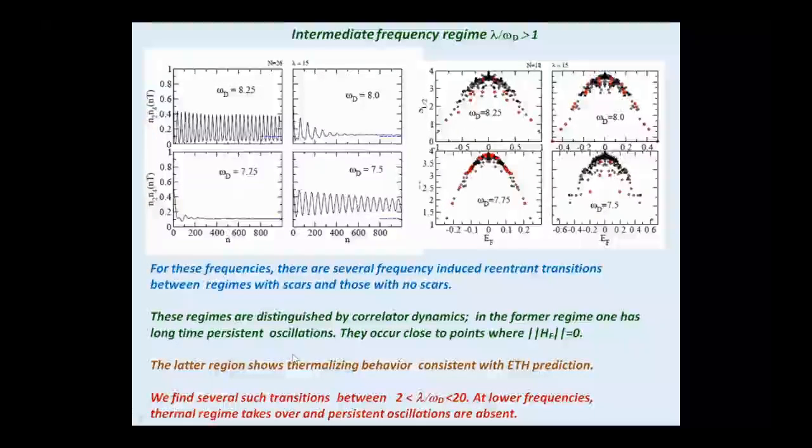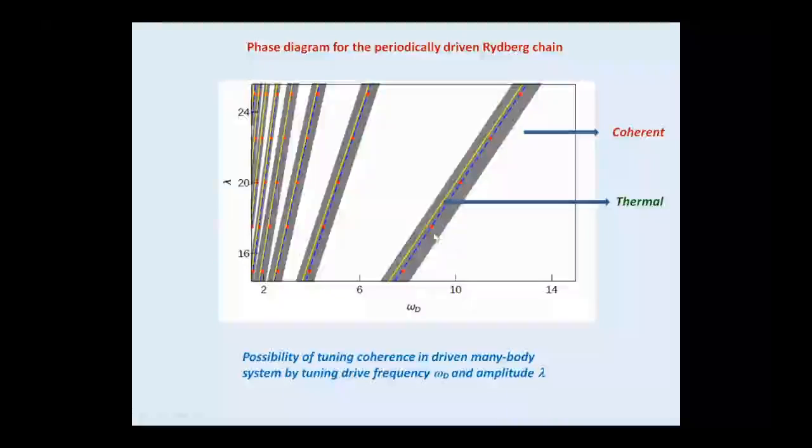Now, it turns out that this vanishing is the main point which allows you to go from long-term oscillation to thermal behavior. And this happens not only at gamma equal to pi, it happens at gamma equal to n pi for integer n. As we tune this frequency between 20 and 2 in some units, this lambda over omega d, we find that there are multiple such regimes.